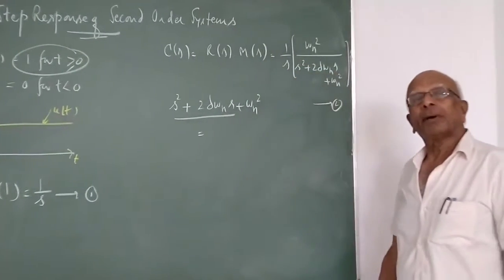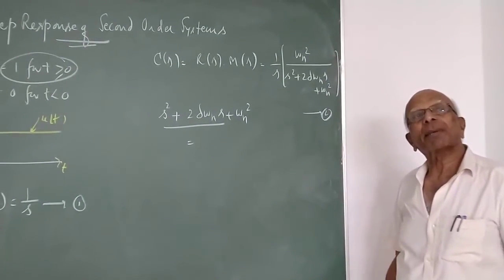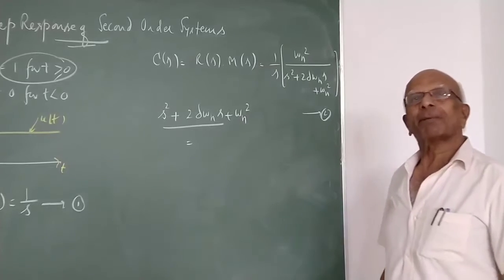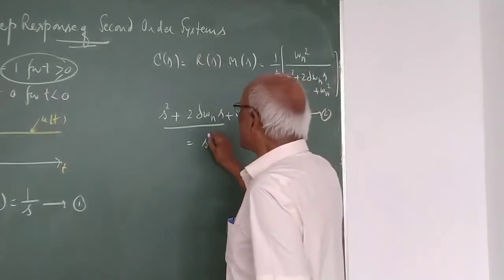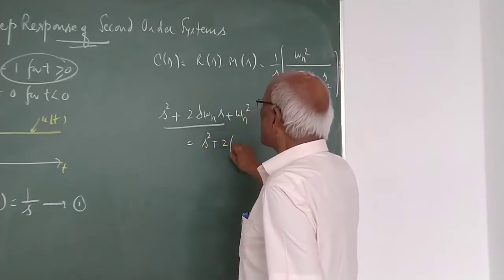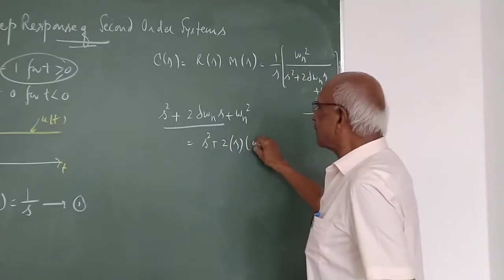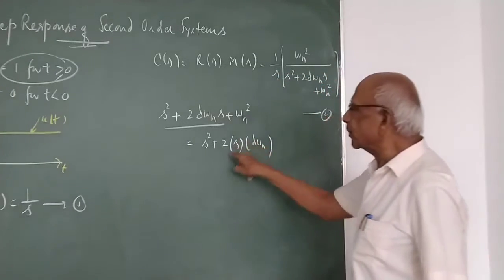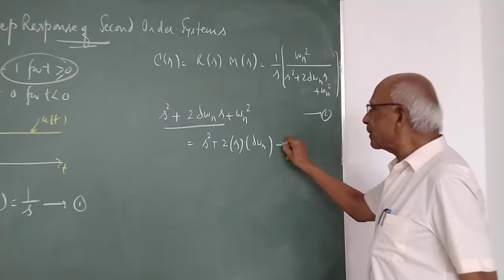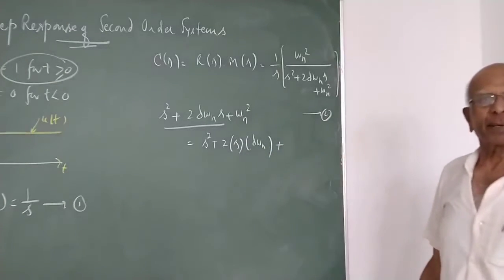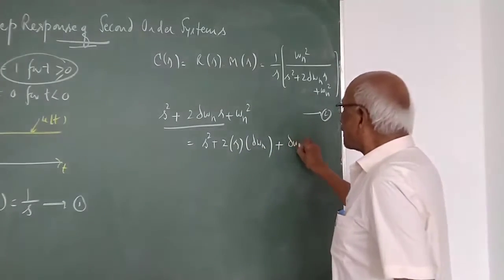Hope you remember a squared plus 2ab plus b squared is a plus b whole square. So what I do is I will write it as s squared plus 2ab, where a is s here, into delta omega n as b. To complete this, what should I do? I must add b squared. b squared means delta omega n whole squared.